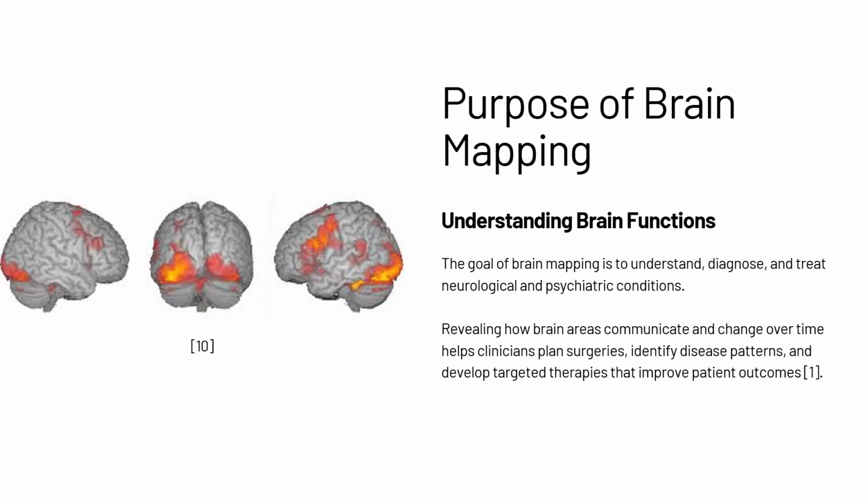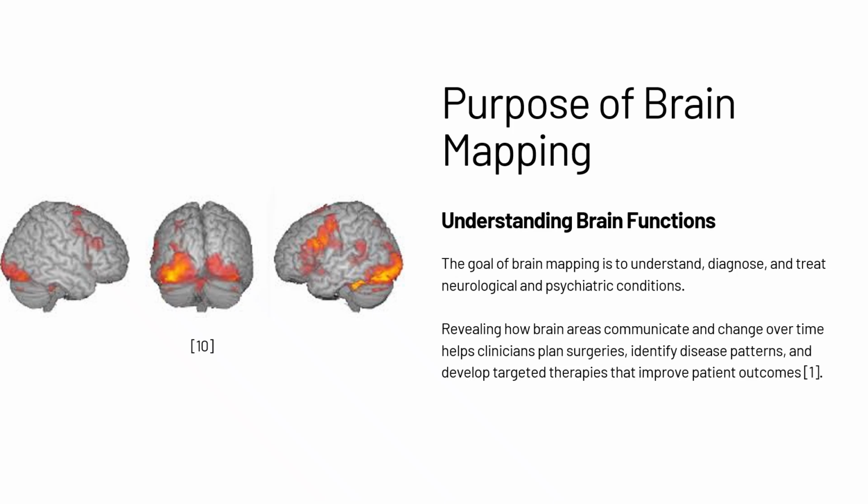The main purpose of brain mapping is to understand how different regions of the brain work together and change over time. Researchers use it to study learning, aging, and disease progression. Clinicians use brain mapping to diagnose and treat different neurological and psychiatric conditions, from Alzheimer's to schizophrenia.